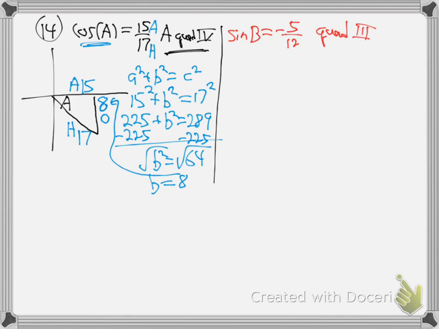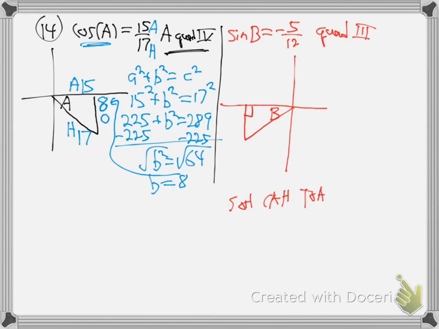And now let's do the other triangle. This one's quadrant 3. So I'll put it in quadrant 3, like that. I'm going to put B in quadrant 3. See where I'm putting it? And do the same thing. We're talking about SOHCAHTOA again, and the Pythag.